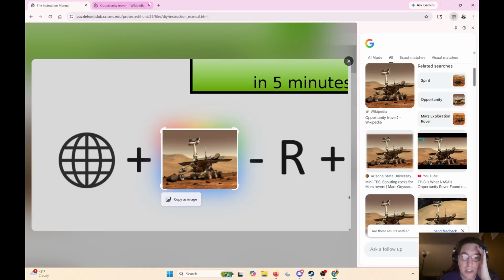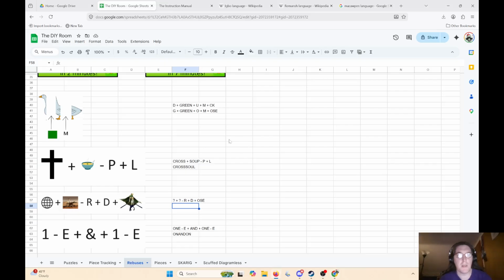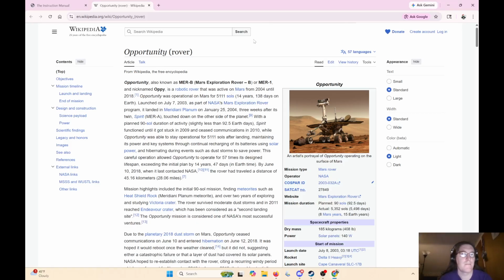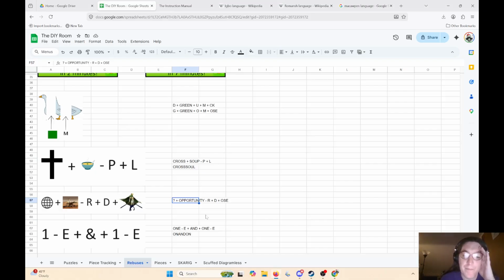Yeah, that's just the picture from Opportunity's Wikipedia page. Okay. And so it feels weird to take. First of all, did I spell opportunity correctly? Yeah, it doesn't look right, but okay.